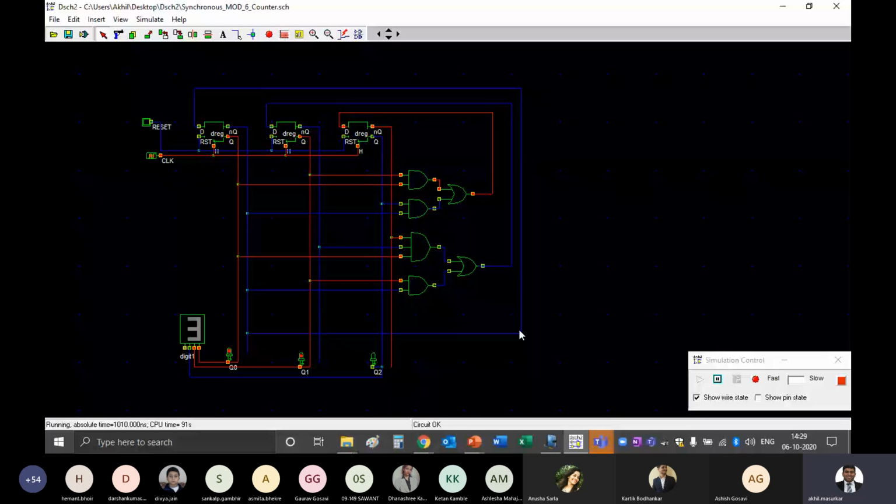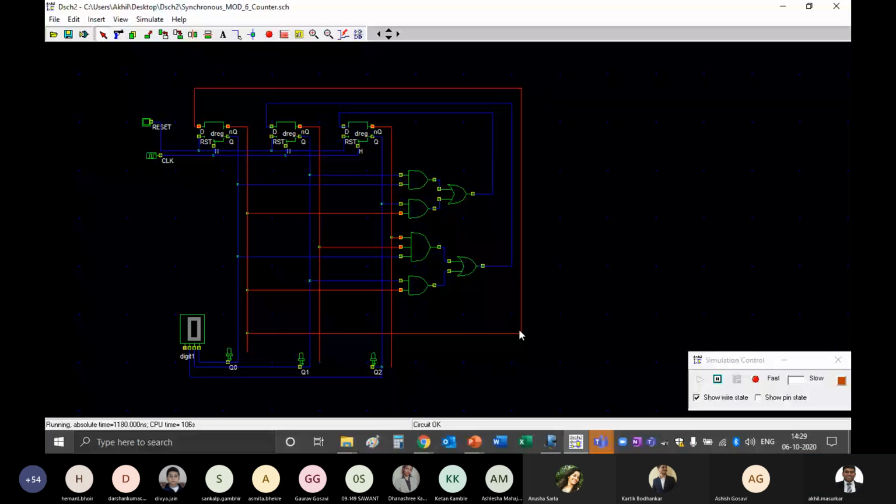So you can see 3 and 4 and 0, 1. So this will slightly go to, and 3 is getting skipped, 4, 5, and then 0. That 6 got skipped because of some latency.